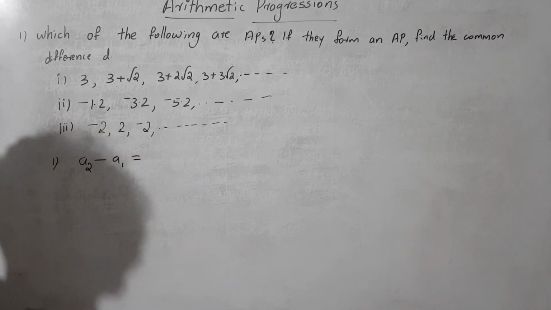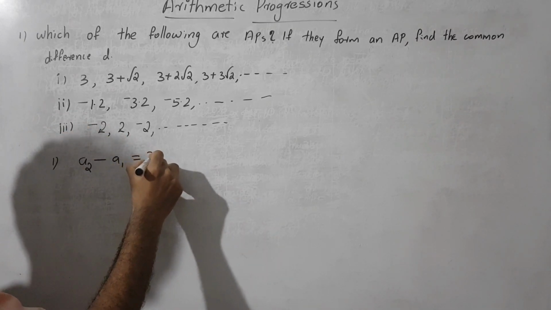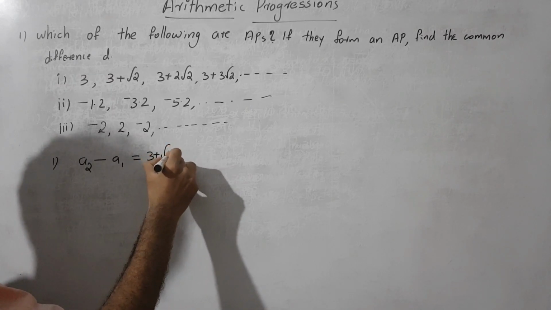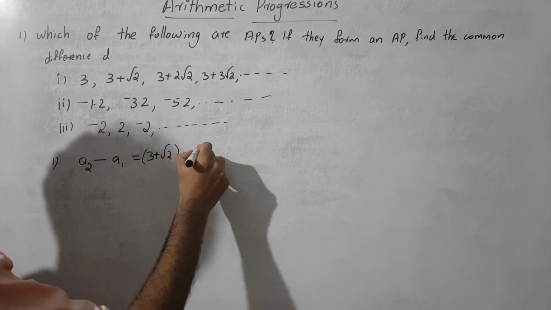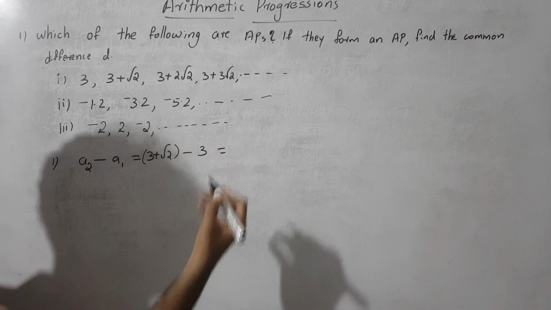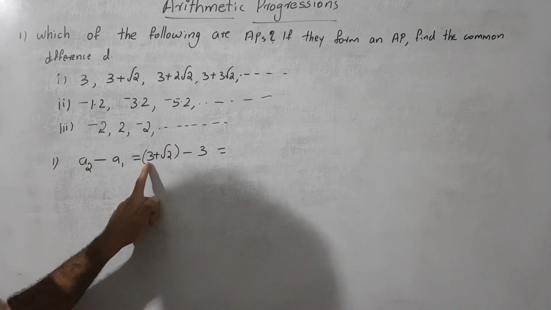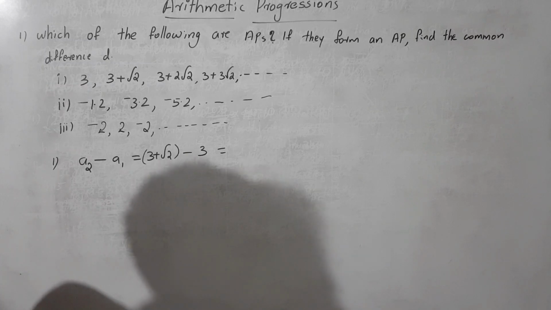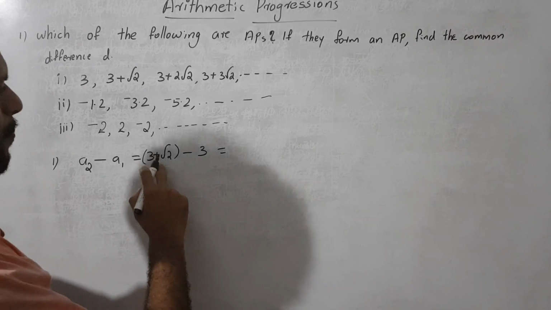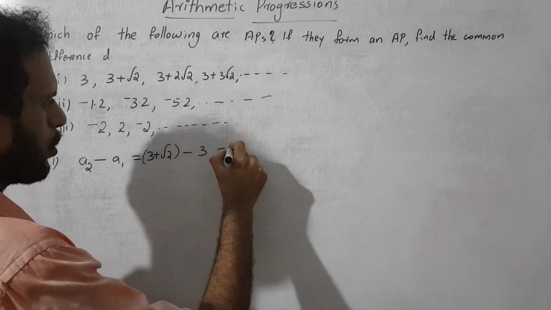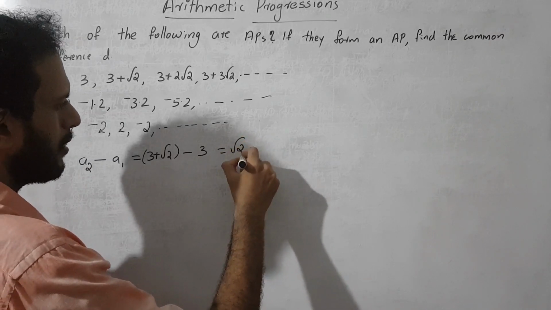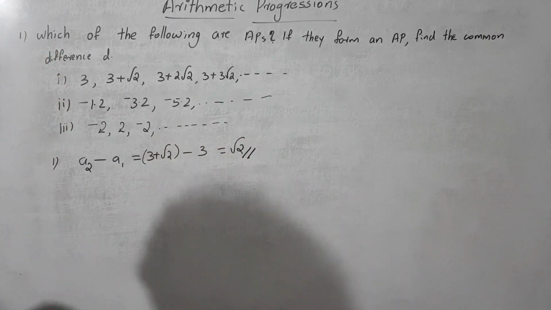A2 minus A1 is equal to 3 plus root 2 minus 3. What is 3 plus root 2 minus 3? 3 minus 3 is equal to 0, correct? 0 plus root 2 is root 2. Then the difference is root 2.